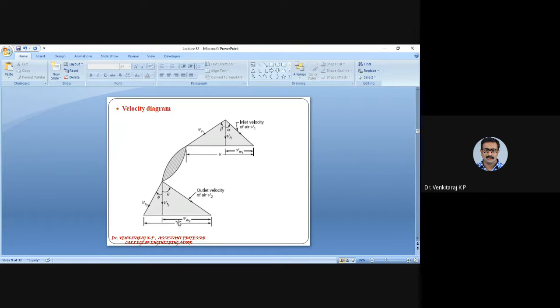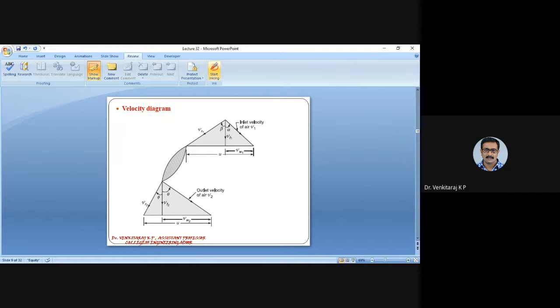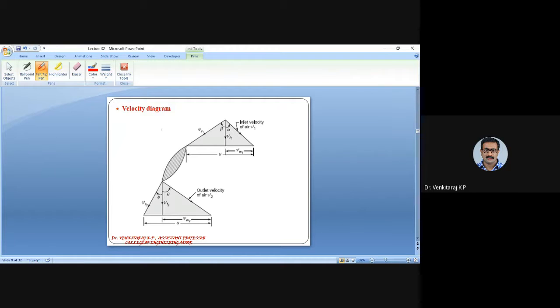So you draw this. Other notations are familiar to you. This is the inlet velocity diagram, and this is the outlet. Here this is the absolute velocity v1.